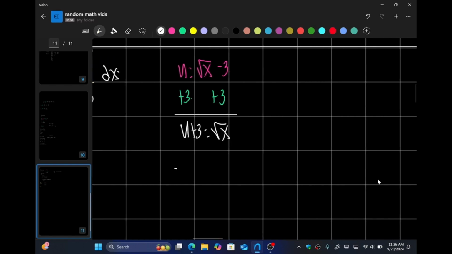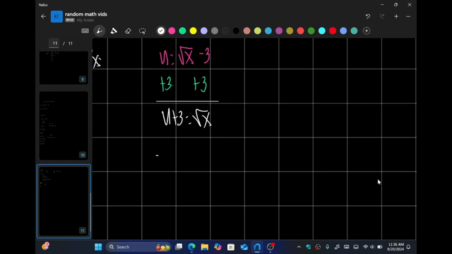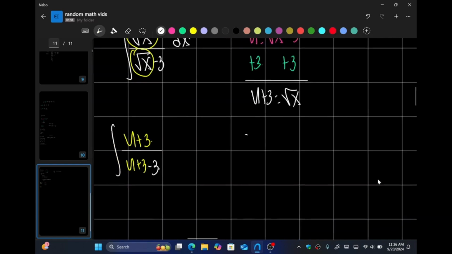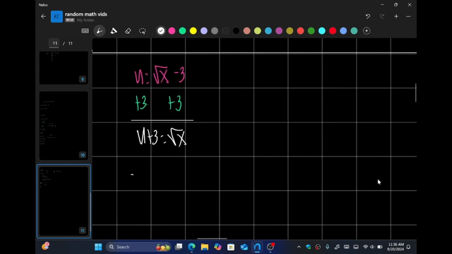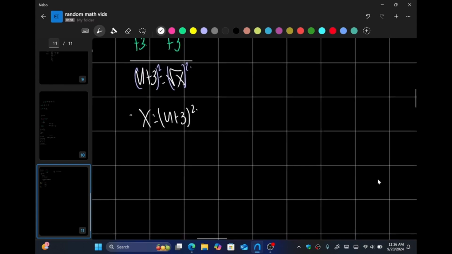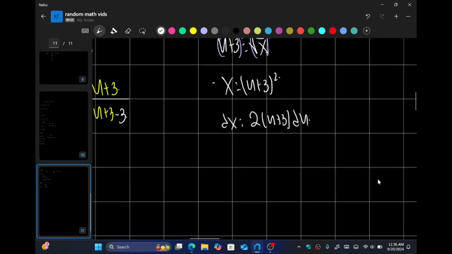And here, we want to try and get dx. The thing is, we have root x over here, so we're going to square both sides. So x will be u plus 3 quantity squared, and then dx will just be 2 times u plus 3 du, right?